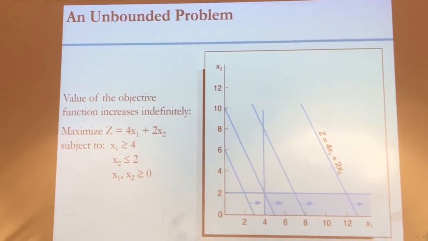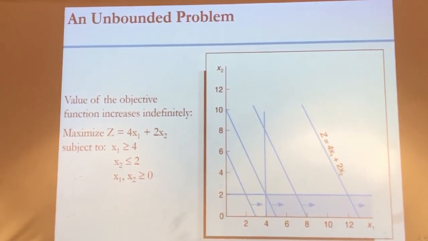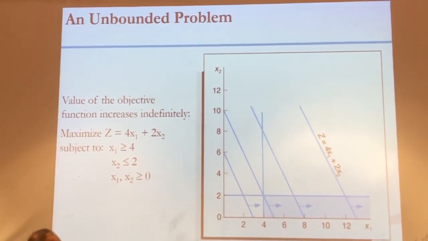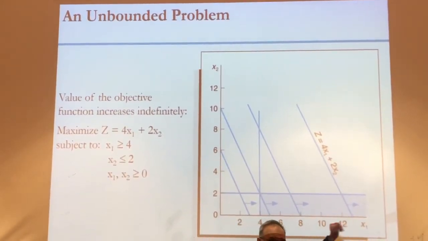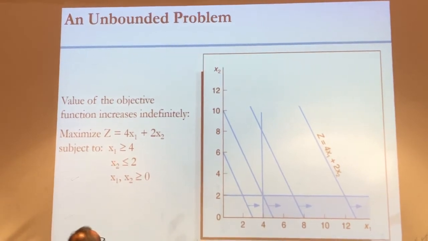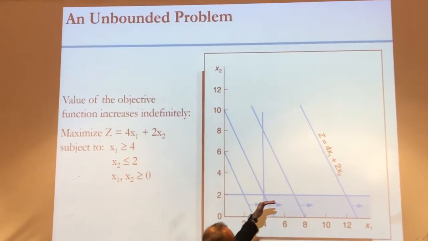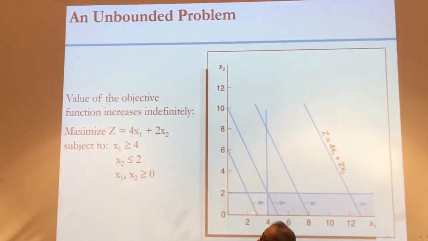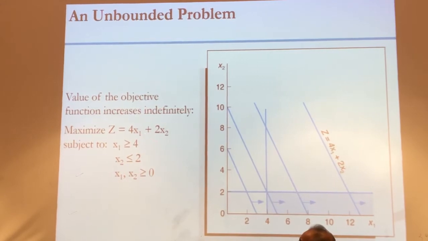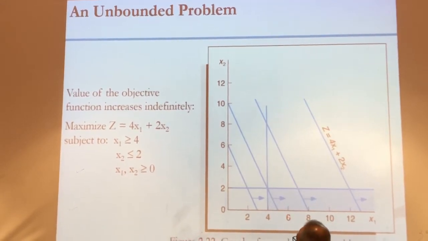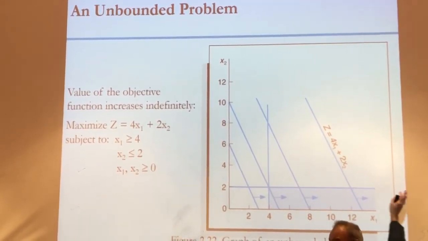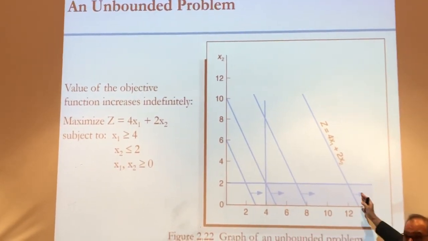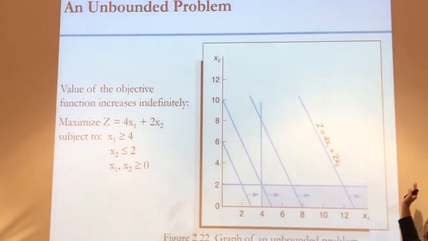Here it is, unboundedness is, if you draw these two constraints, x1 greater or equal to 4, this is the feasible region, and x2 less or equal to 2, this is the feasible region. But since this is your isoprofit line, you can draw the isoprofit line and increase it to infinity. There is no bounded thing. You can make your profit to infinity.